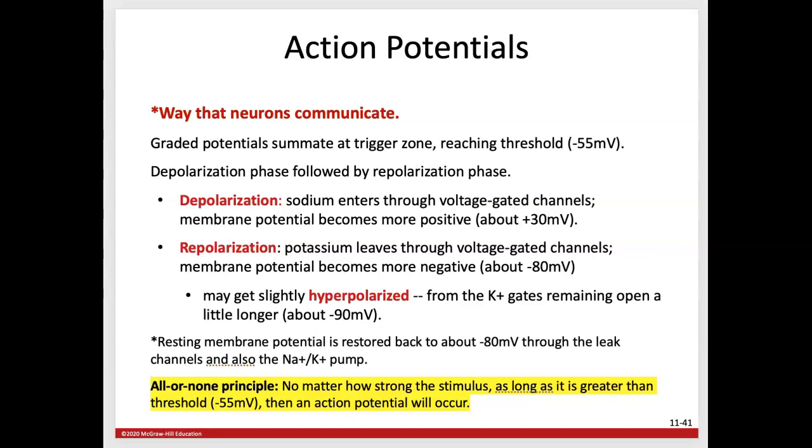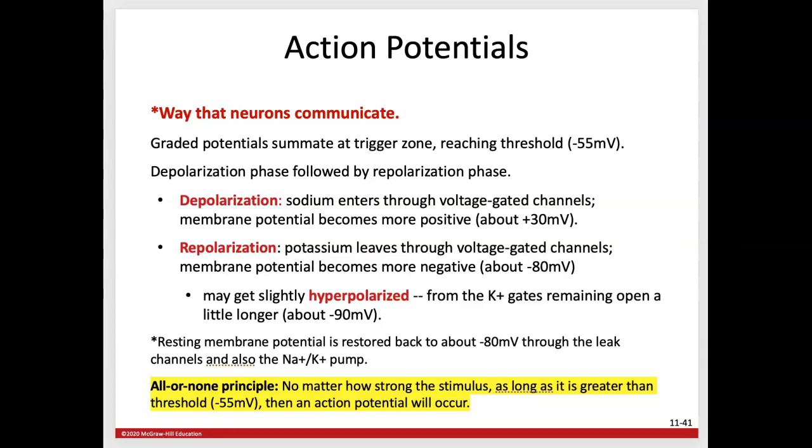So this means that when potassium leaves, the gates are going to stay open a little bit longer than we want, and that's going to cause the cell membrane to become hyperpolarized. And that's from the potassium gates remaining open a little bit longer than anticipated.